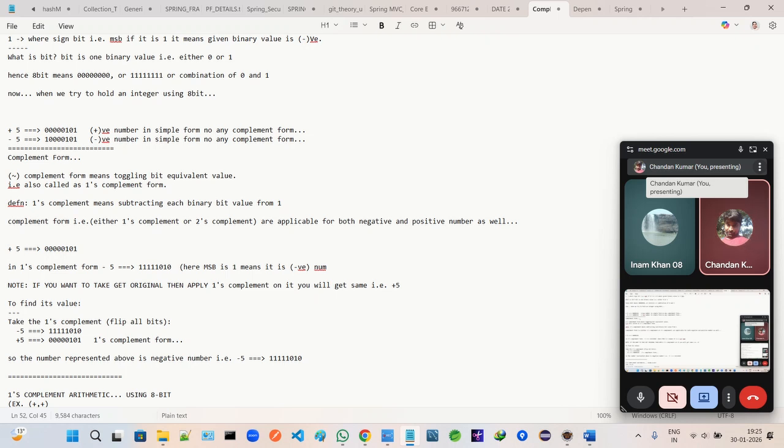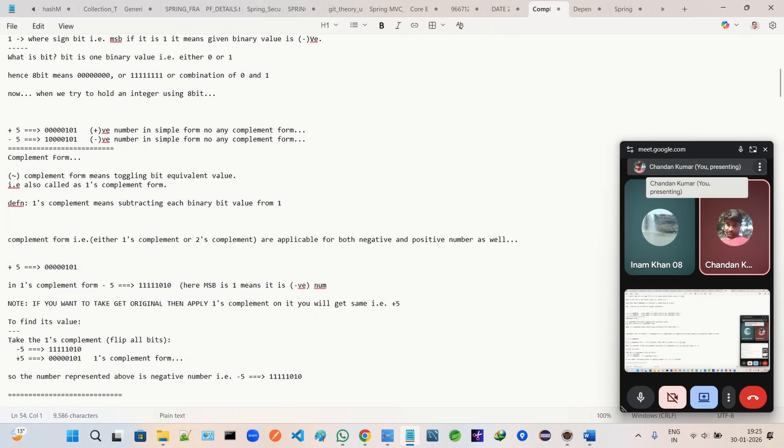That is called one's complement. Two's complement means one's complement plus 1. That's it. Not on every bit.